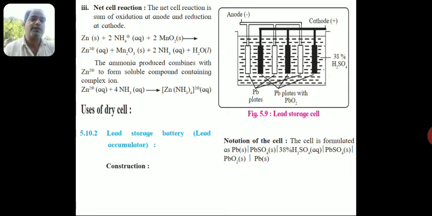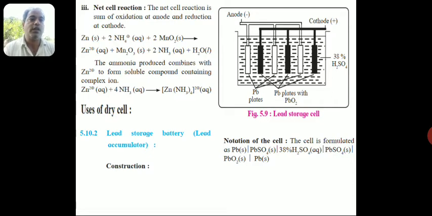Now the notation of the lead storage battery: how is it written? Pb with (s) in brackets means solid, indicating the state of the material. The single vertical line means Pb acts as an electrode. Then, Pb is in the vicinity of PbSO4, again solid.